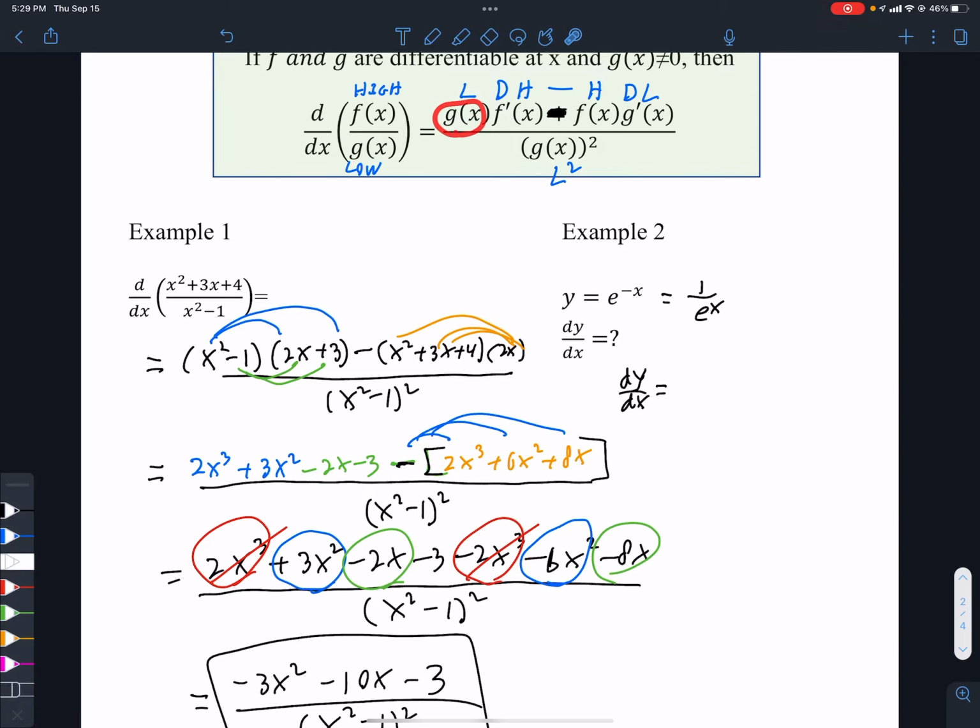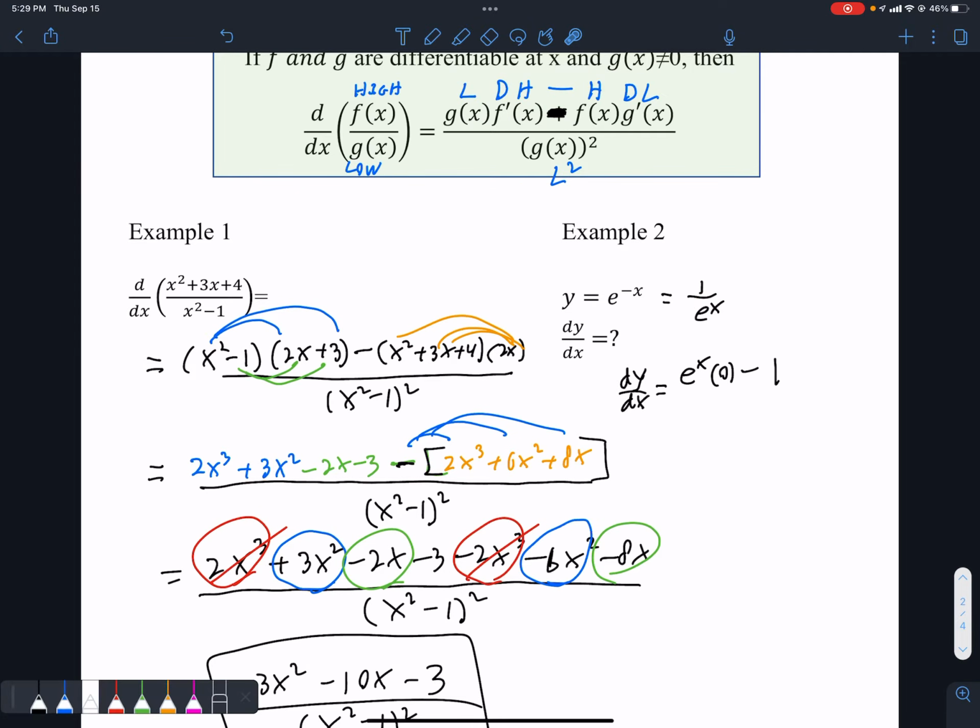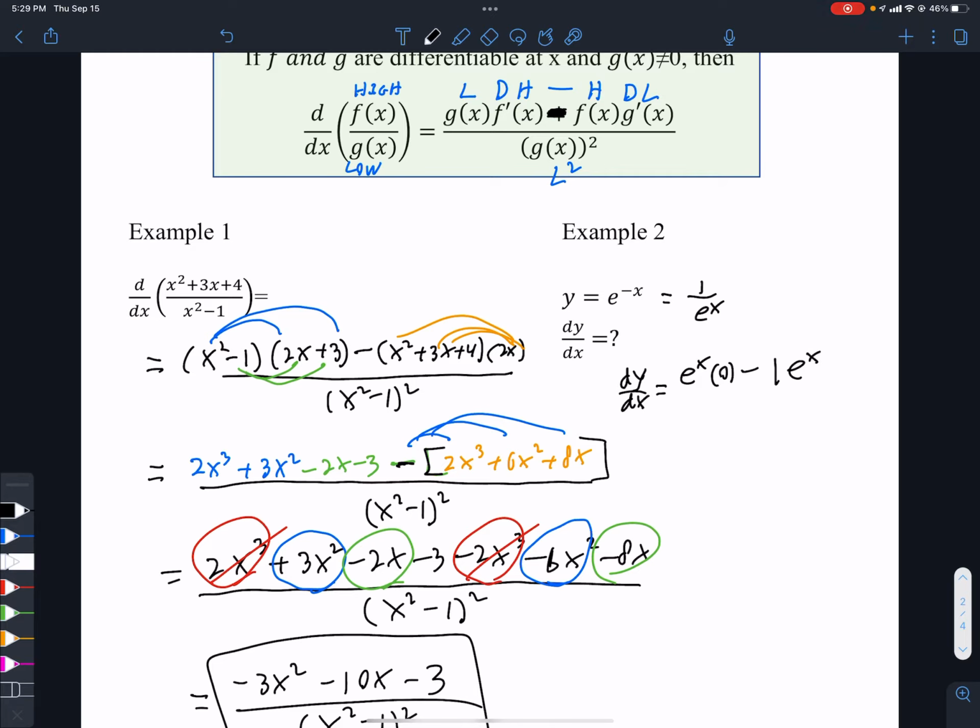I take the low and the derivative of the high. The low is e to the x, and the derivative of a constant is 0. Minus high, high is 1, the upper function is f of x. D low, the derivative of that, I am my own grandpa. That's going to be e to the x all over low squared.